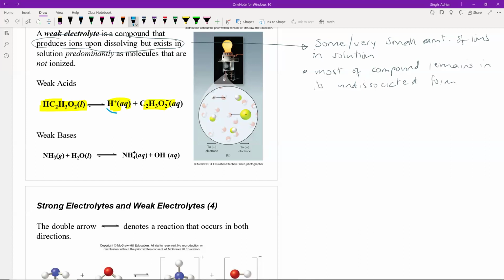We only get a small amount of these ions. So there's some of this present, but the majority of this acetic acid actually remains as the undissociated molecule. The majority is in this form, which is undissociated.